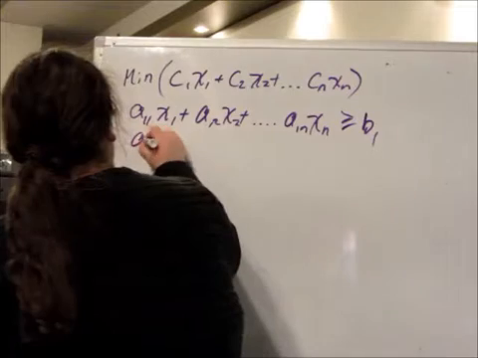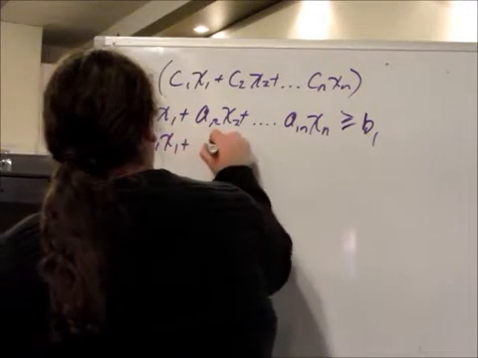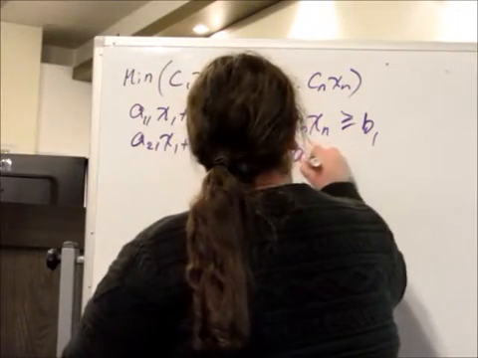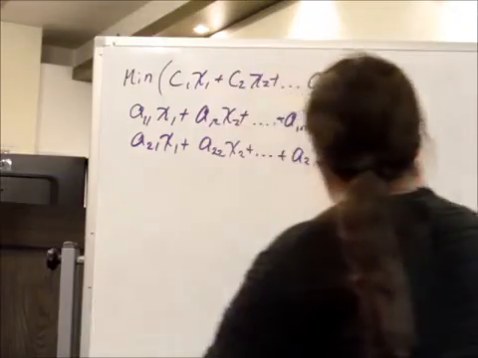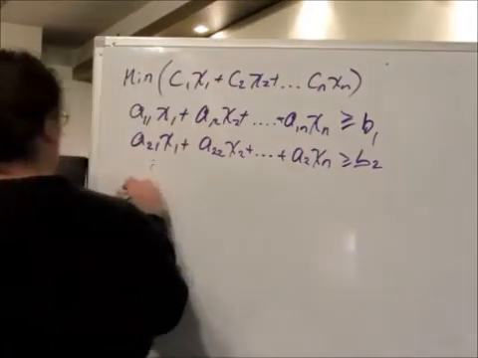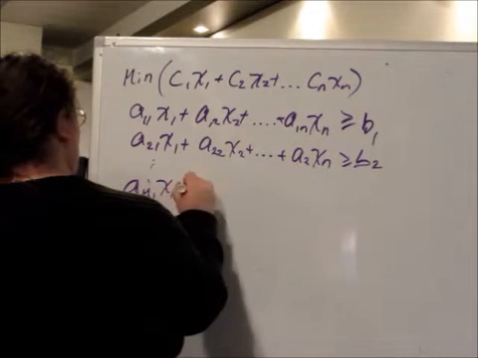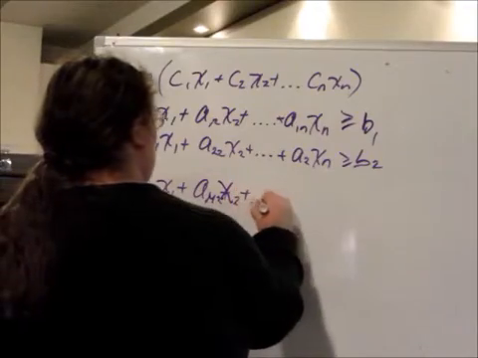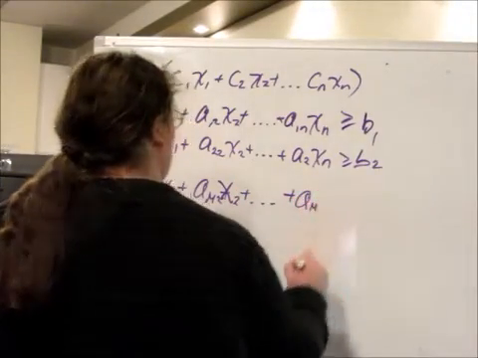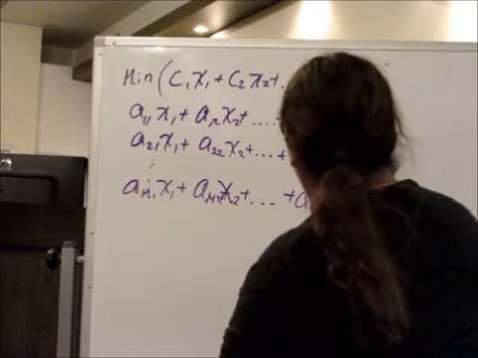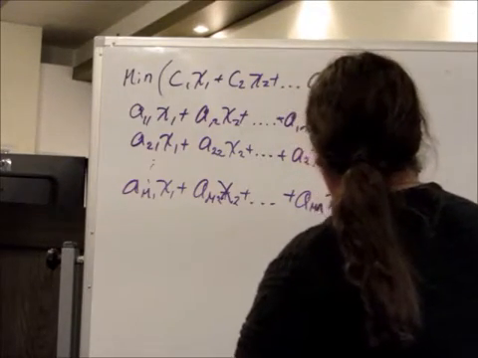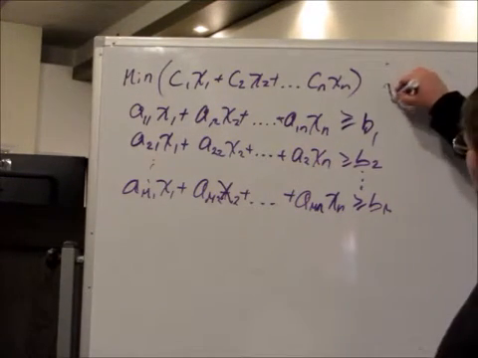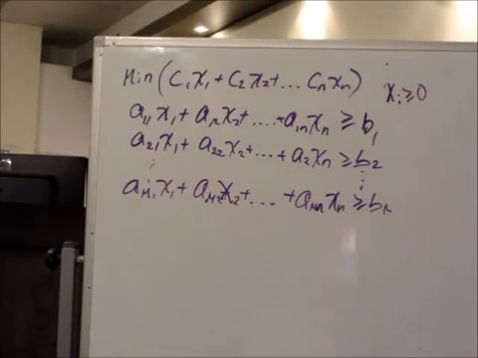And then we're going to do it again. a21 x1, a22 x2, through a2n xn, greater than or equal to some b2, and so on. Each xi is going to be greater than or equal to 0.